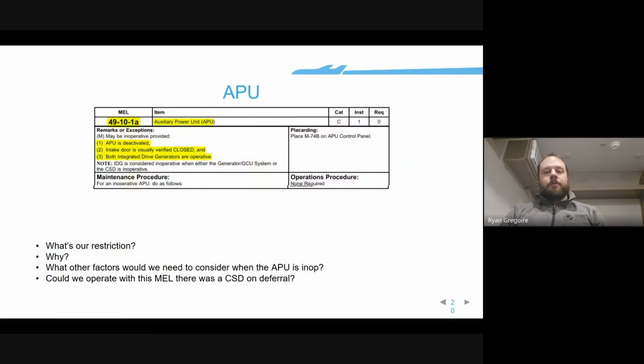Because again, if we refer to what makes an aircraft suitable, it has to have the appropriate handling equipment for the aircraft. If the aircraft requires ground power and an air start, appropriate handling equipment includes ground power and an air start.